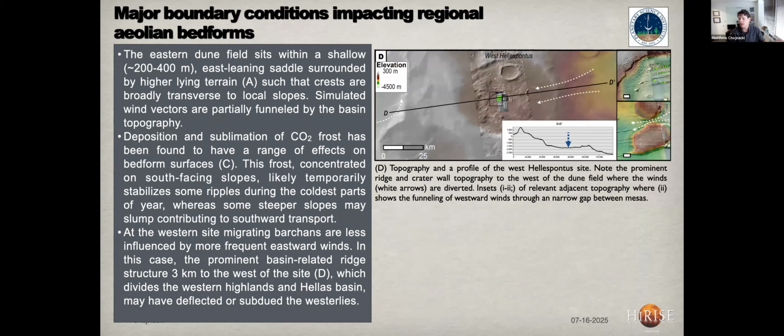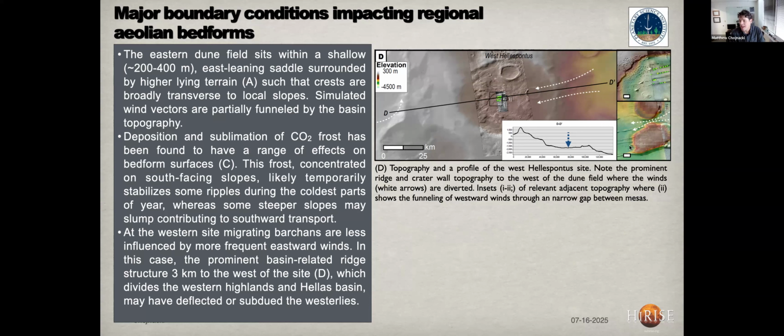Now, at the western site, you've got totally different topography. You're within a crater, and you've got these barchans migrating across the bottom of the crater floor, but the broader topography shows that the Hellespontus Montes ridge is to the west, and that can influence some of those eastward winds in a way that it mitigates some of those westerlies.